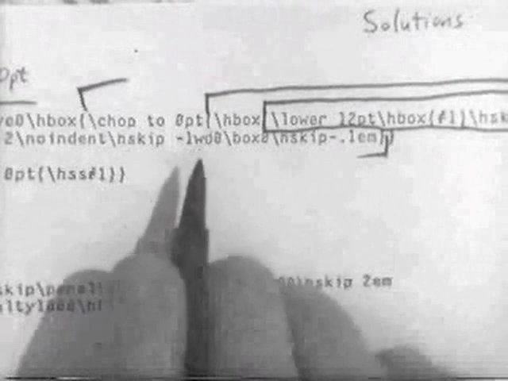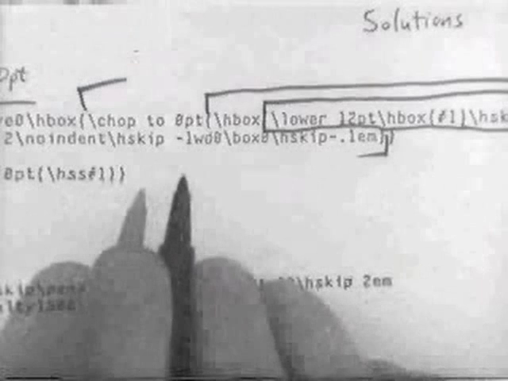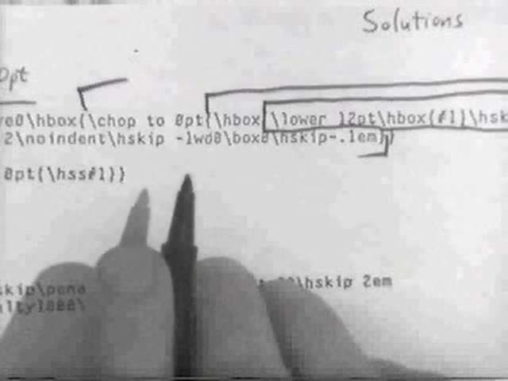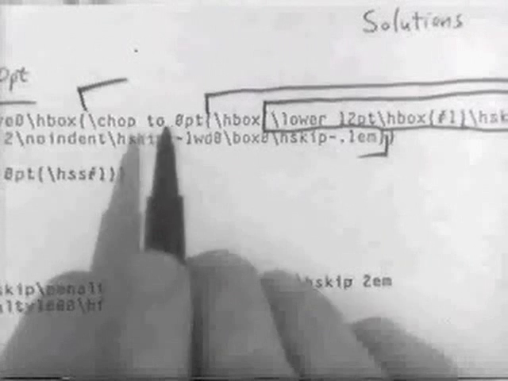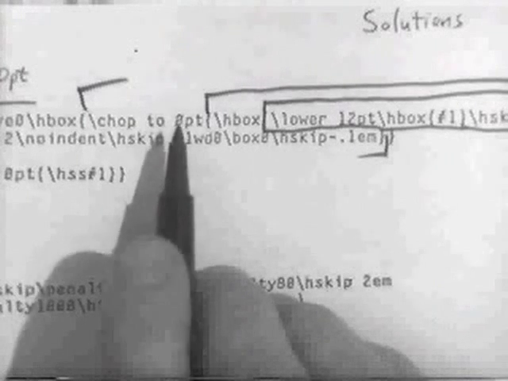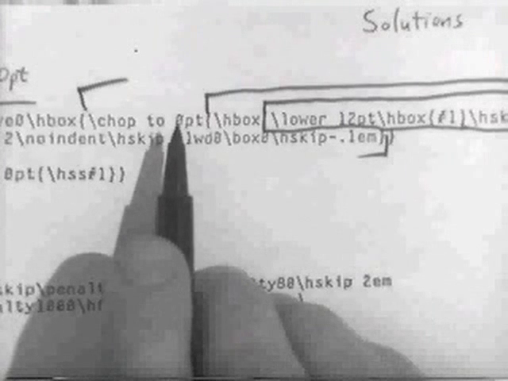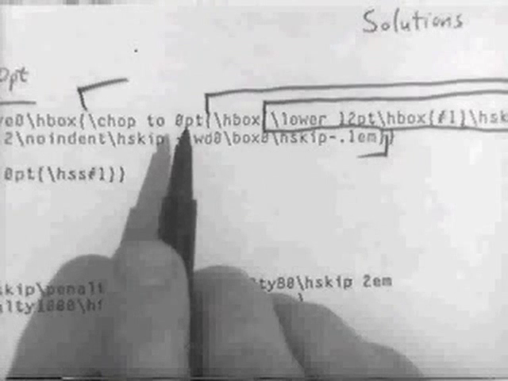It was possible, just by combining glue and all those rules of V boxes and so on, to get the effect of chopping a box to a certain given depth. And the fact that it was possible at one time meant that I didn't have to write any more code to TeX to put in a new primitive, and that was at one time much more desirable.